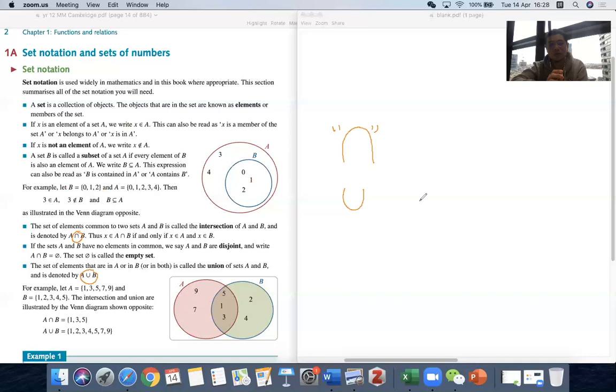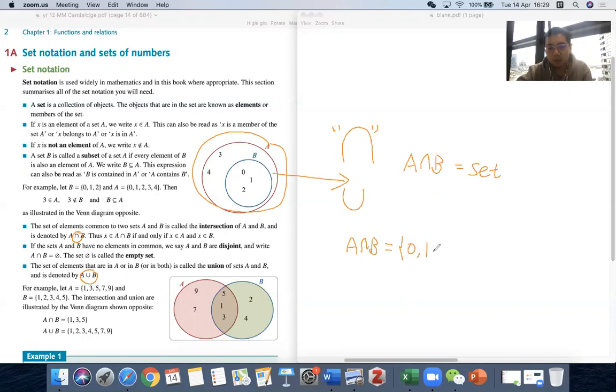A intersection B is still a set. So for example, using this example, A intersection B must be {0, 1, 2}.